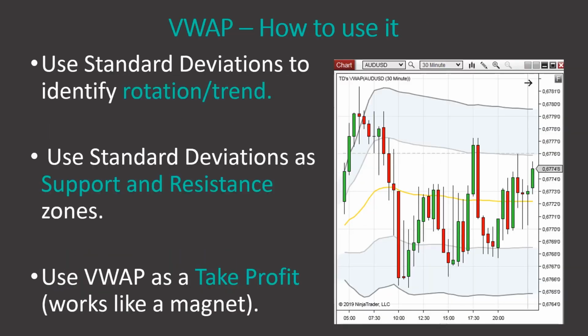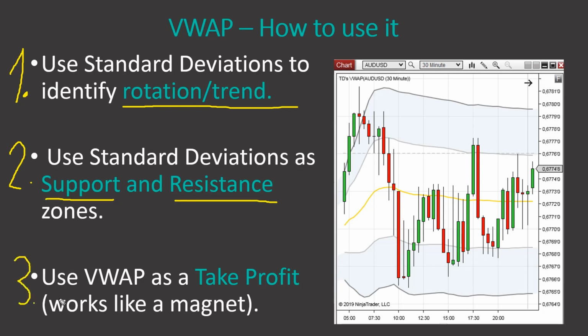Now, this is sort of a little recap of how to use the VWAP. Basically, you use it for three things. First, use standard deviations to identify whether there is a rotation or a trend. The second one, use standard deviations to identify support and resistance zones.